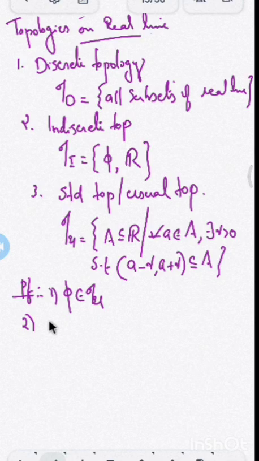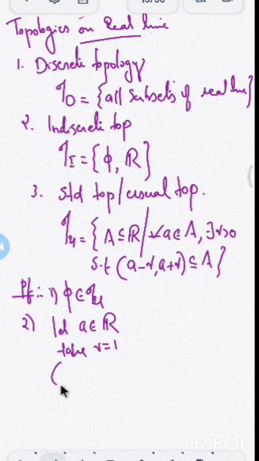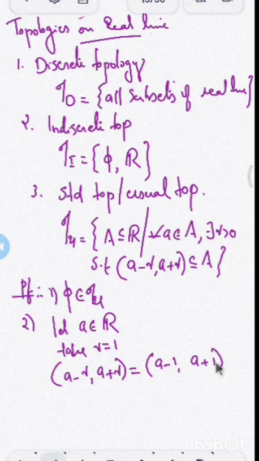For that, the real line has the required property. Let a be a member of the full set R. Then we want a real number r greater than 0 such that this interval is fully contained in the real line itself. For that I take r equal to 1. Then consider the interval (a minus r, a plus r), which is (a minus 1, a plus 1). When a is a real number and 1 is a real number, a minus 1 and a plus 1 are real numbers.